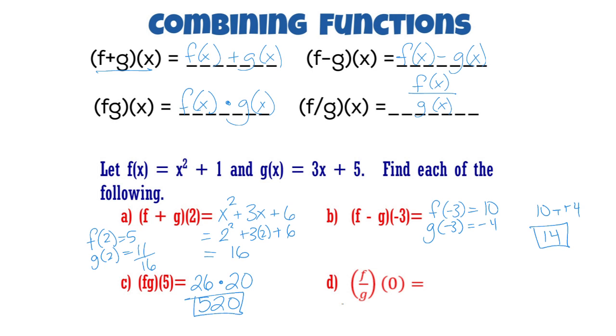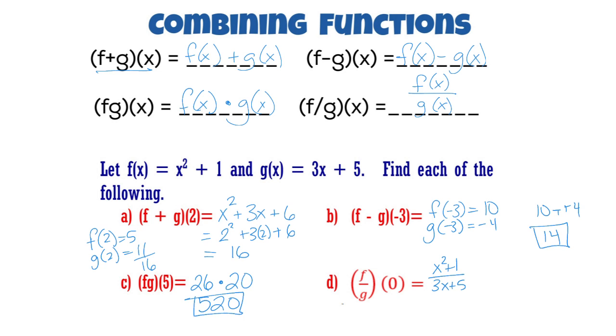All right, so next one, f divided by g of 0. Taking my f function, and this time I'm going to write it out. I'm going to have x squared plus 1 divided by 3x plus 5. And now I'm supposed to plug 0 into this function. So let's give that a shot.